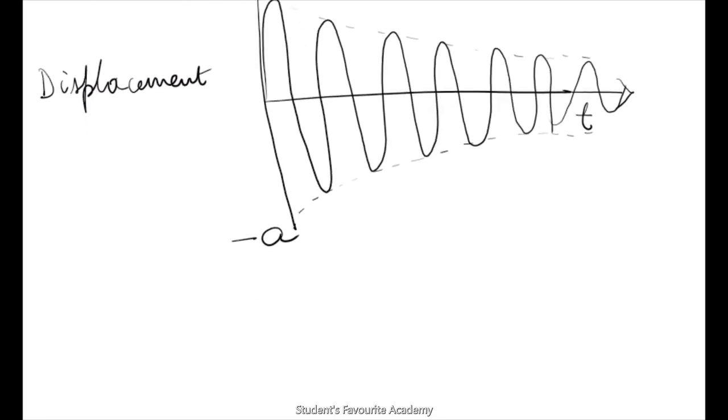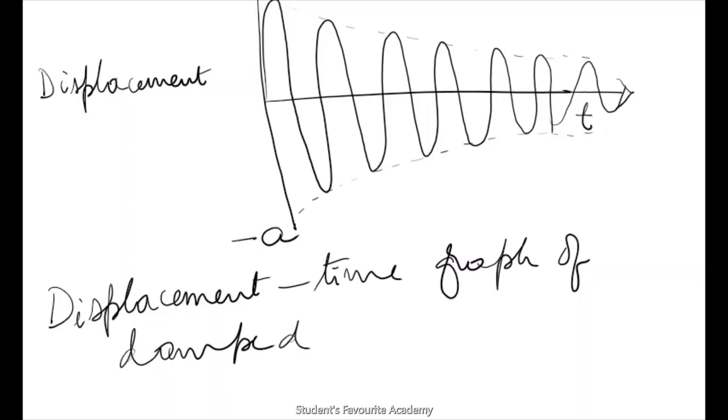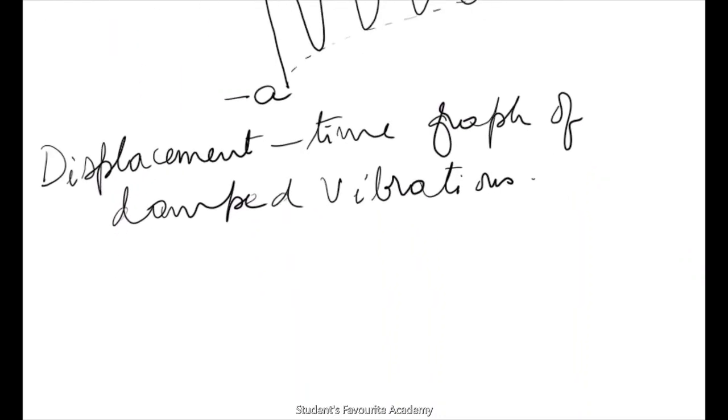Okay, this is the displacement time graph of damped vibrations. The earlier one was the displacement time graph of natural vibrations. Now, examples of damped vibration. Just pull down a slim branch of a tree and release it. It makes damped vibrations. After some time, it will stop vibrating.